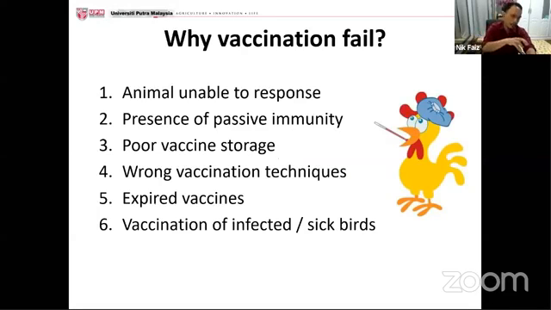For example, if the chickens are already infected with infectious bursal disease prior to vaccination for another disease, they may not be able to produce an appropriate immune response to that vaccine. Presence of passive immunity will interfere with the vaccines. Other causes are poor vaccine storage, wrong vaccination techniques, expired vaccines, and vaccination of infected and sick flocks.